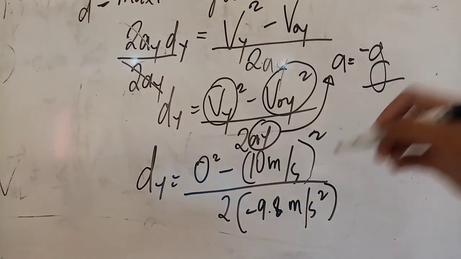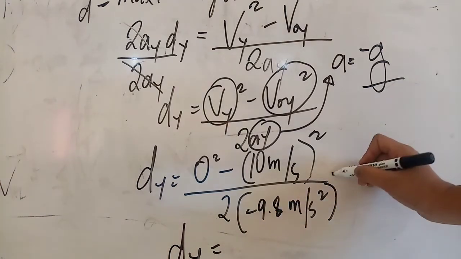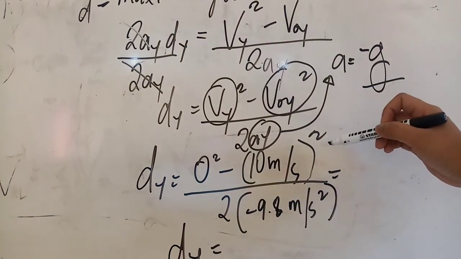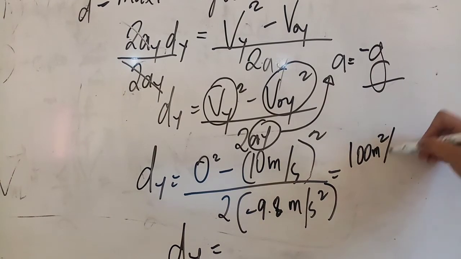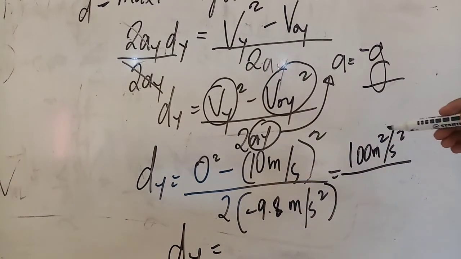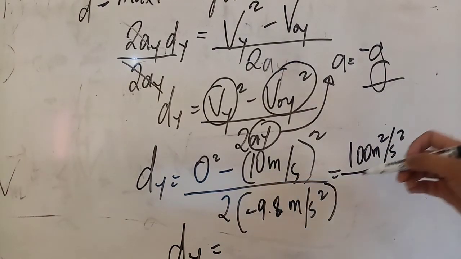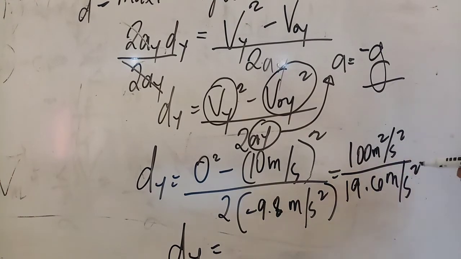And hence, using your calculator, you will be left with 10 meters per second quantity squared, which is 100 meters squared per second squared, over 2 times negative 9.8 meters per second squared, which is 19.6 meters per second squared.